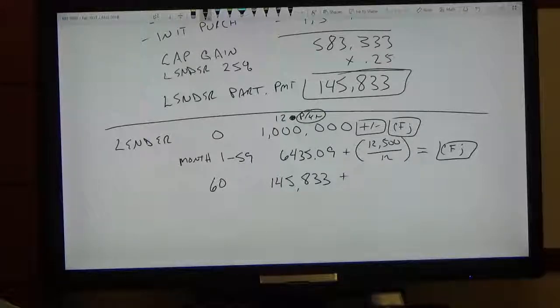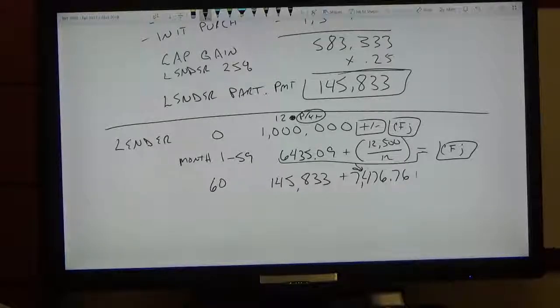All right, let's see where we put that number in here. 6,435.09 plus 12,500 divided by 12, which is basically just what's above here.